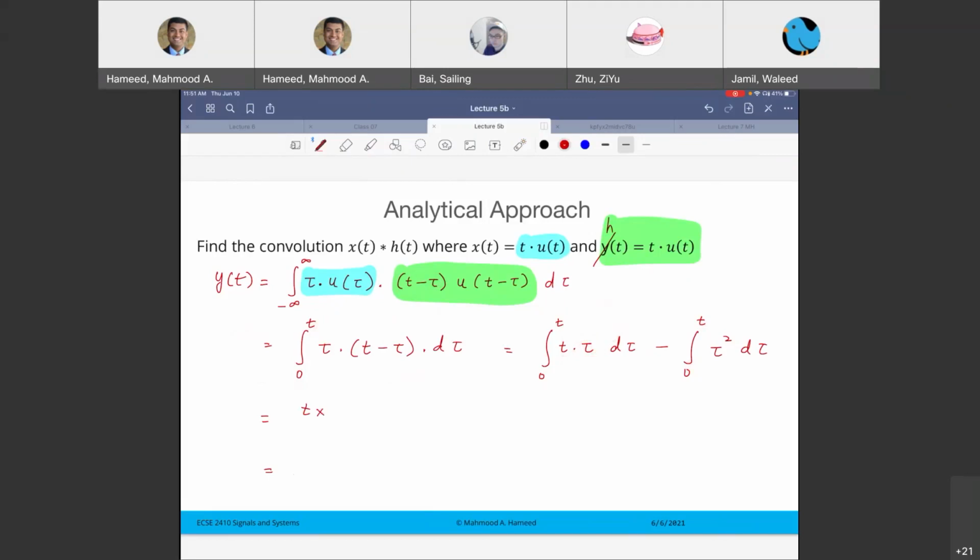So I've got t multiplied by, integrating tau, tau squared divided by 2. All right, then minus, what do I have? This is going to be t squared divided by 2 minus 0 minus t cubed divided by 3. What is that? Is that okay?